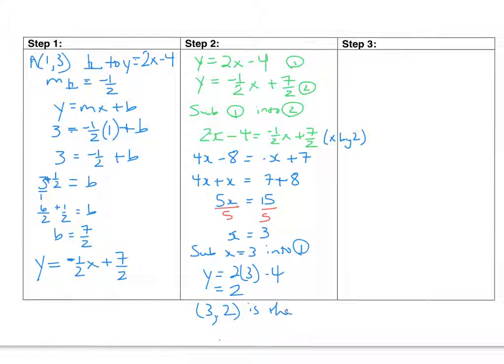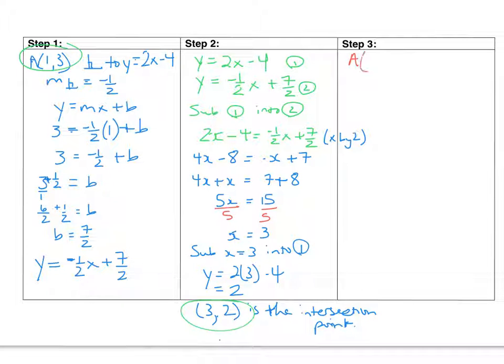Now the last step here is to find the distance between that point of intersection and point A. So we want to use the distance formula using this (3, 2) along with our point A, which is (1, 3).